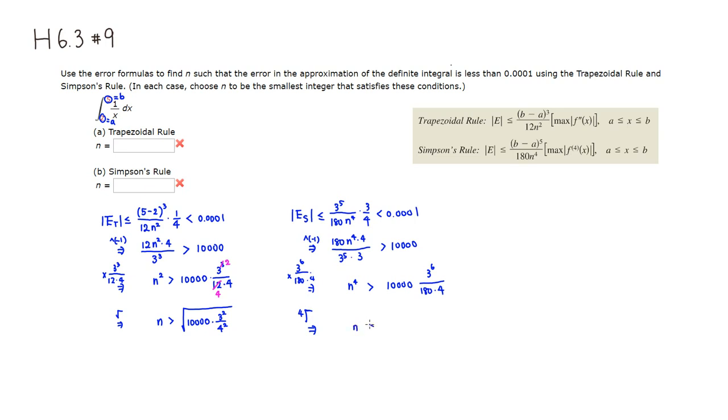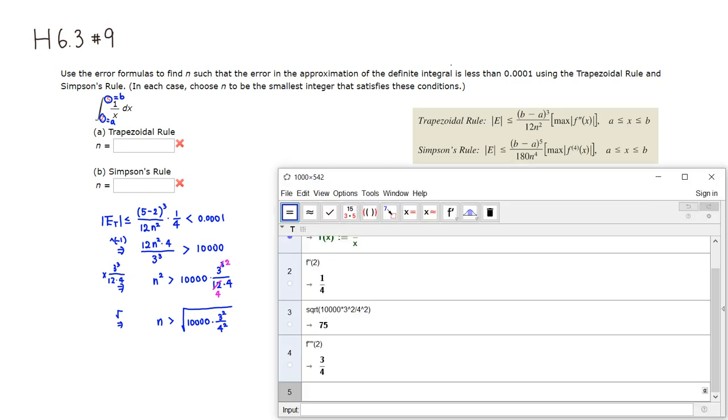So n is greater than the 4th root of 10,000 times 3 to the 6th power over 180 times 4. Let's compute this value. We need to find the 4th root, so it's going to be raised to the 1/4 power.